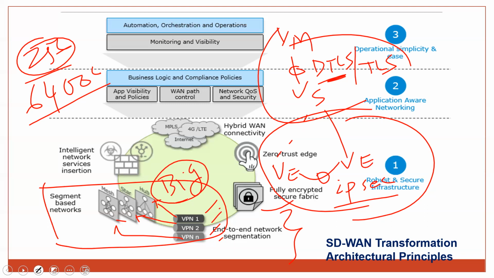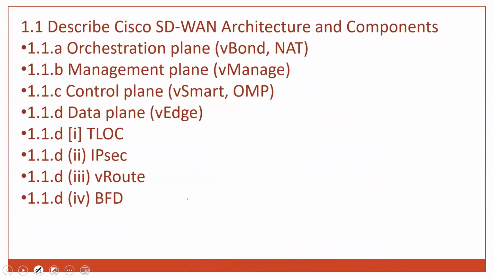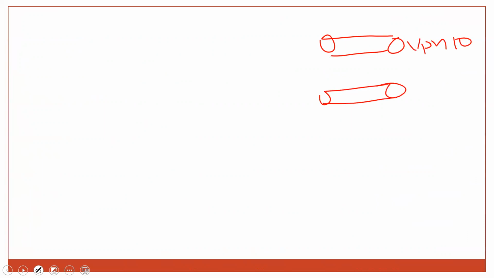You can create segments, and those segments can work as per our data policy or control policy. What does it mean? Let me give you an example on a blank slide. You can create segments: you have VPN 10, VPN 20, VPN 30.